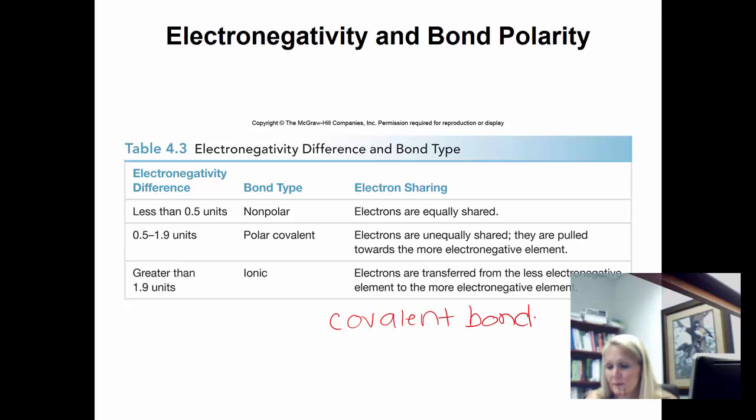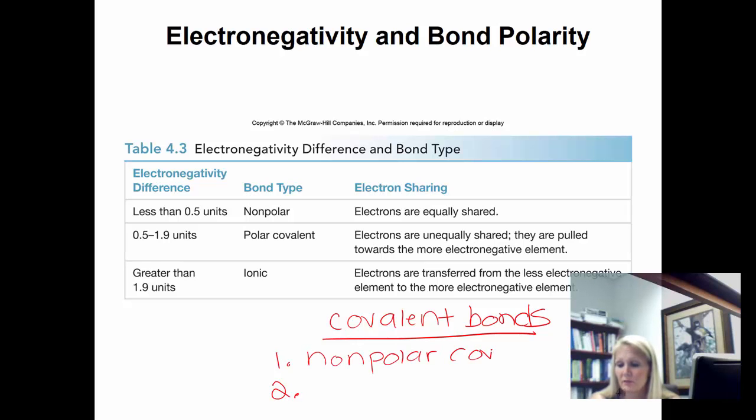Within covalent bonds, you have two subclasses. You have nonpolar covalent bonds, which is what we just went over.